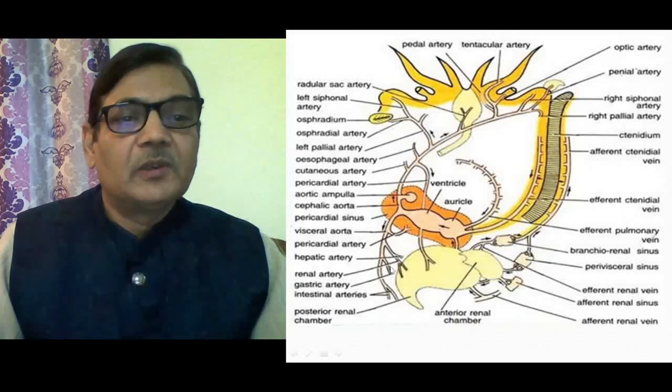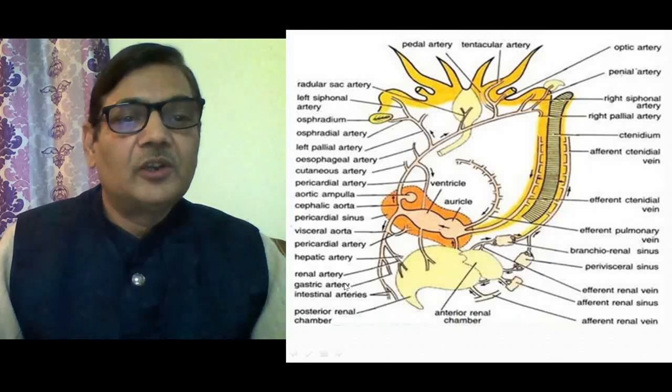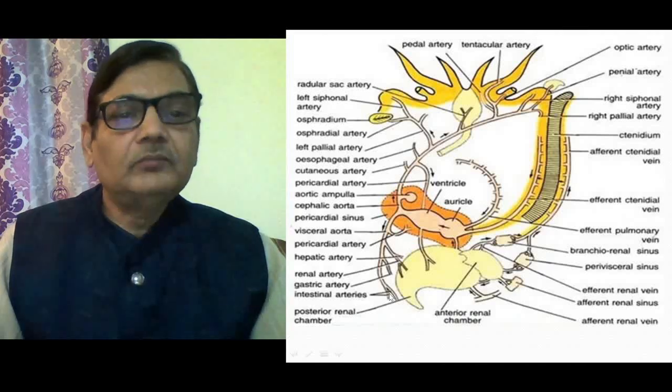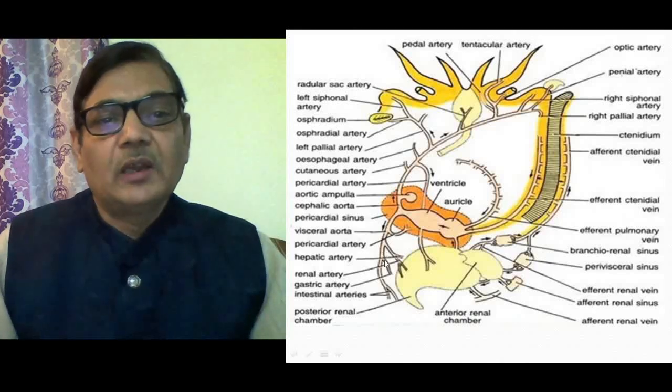Renal artery, it will supply this oxygenated blood to the renal organ, that is the kidneys. Gastric artery, it will supply blood to the stomach. And then intestinal arteries supply blood to the intestine regions. So these are the arteries which are supplying blood to the visceral organs.